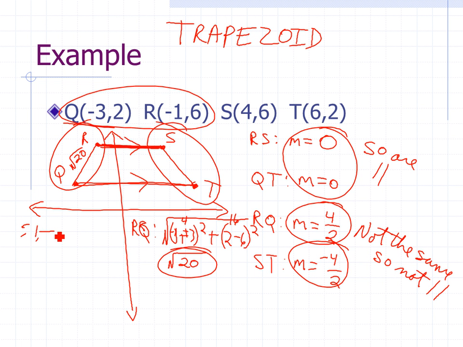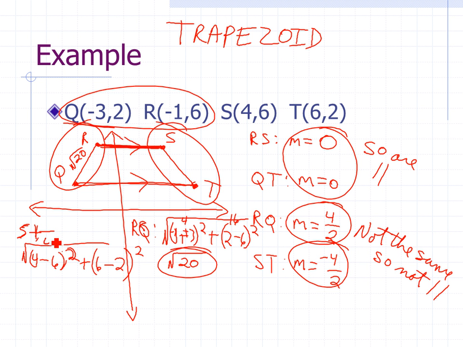So for ST, what's the x coordinates for S and T? So 4 minus 6. What's the y coordinates? 6 and 2. What is 4 minus 6?